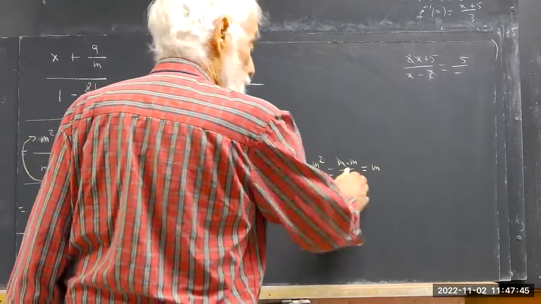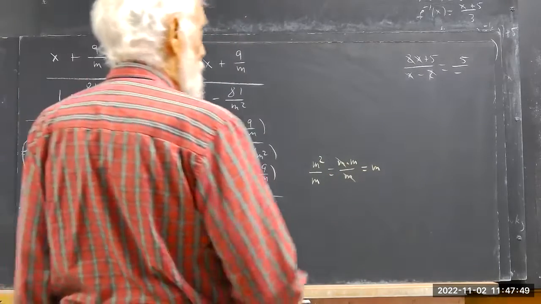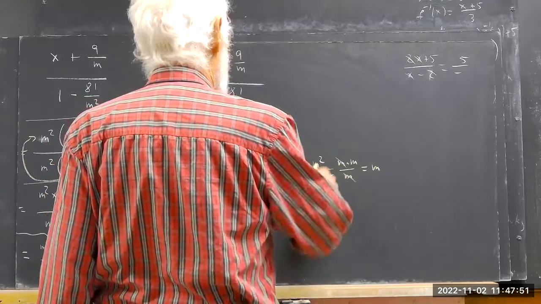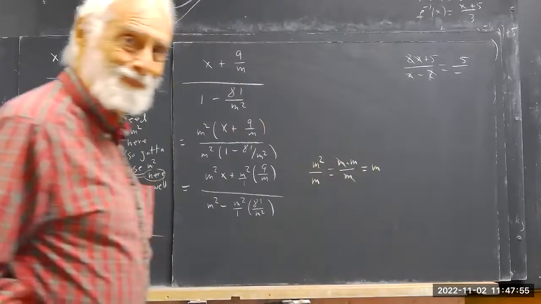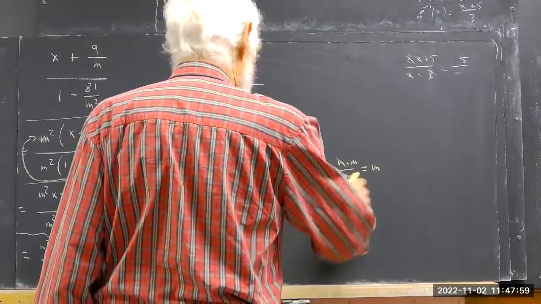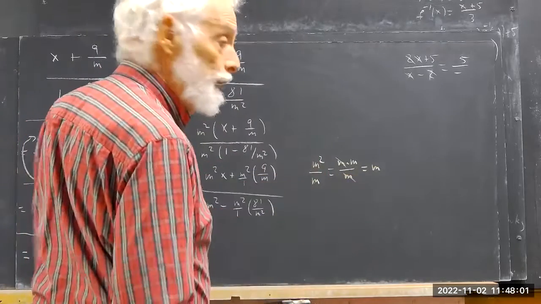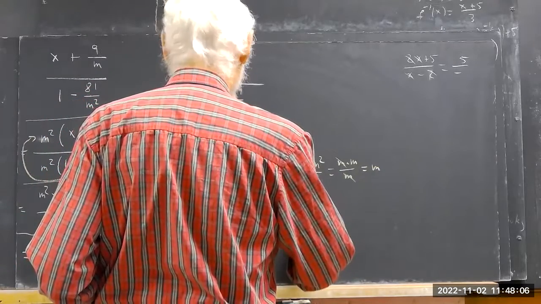If we understand this, another way to do it is with the rules of exponents. M squared over m to the 1 is m to the 2 minus 1. But let's keep it as fundamental as we can, so we get those rules where they really build up.